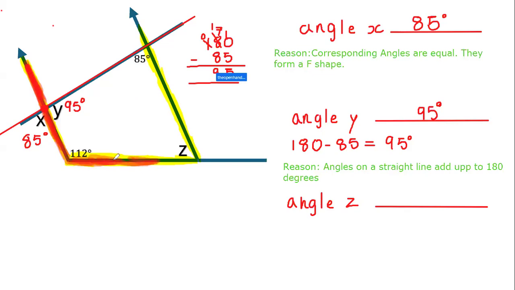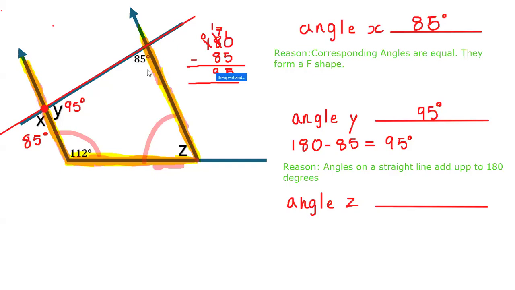All right, so here we have this U shape. What do we know about co-interior angles? Co-interior angles add up to what? 180 degrees. Very good.